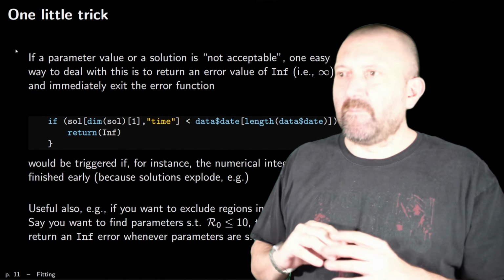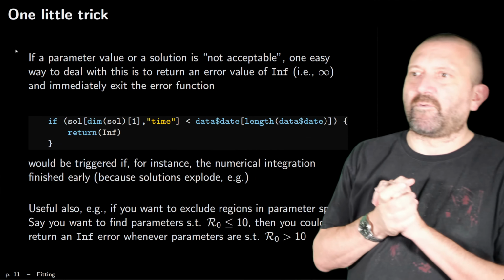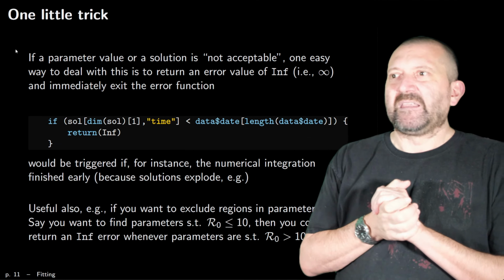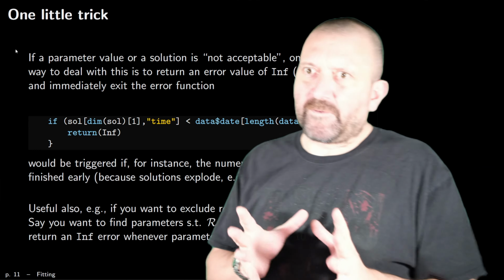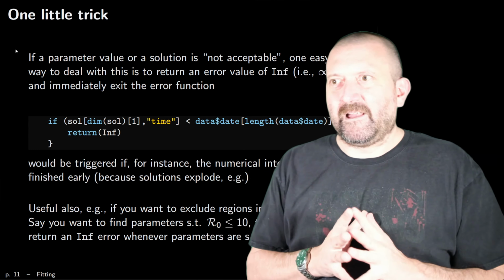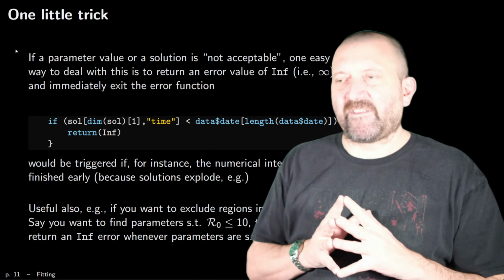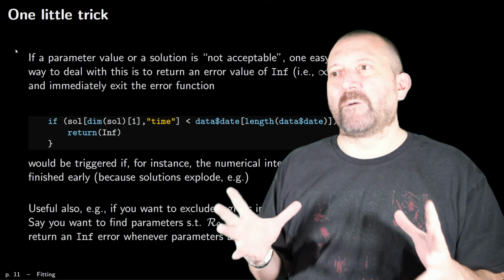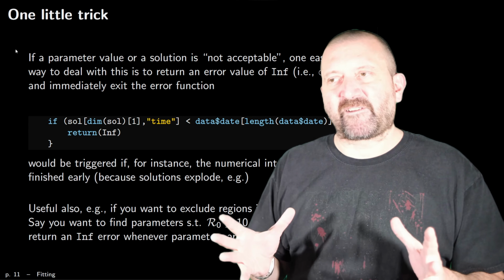Now, one little remark, which is very important, I think. Very often, what you'll end up doing is having to decide that some regions in parameter space should not be explored.